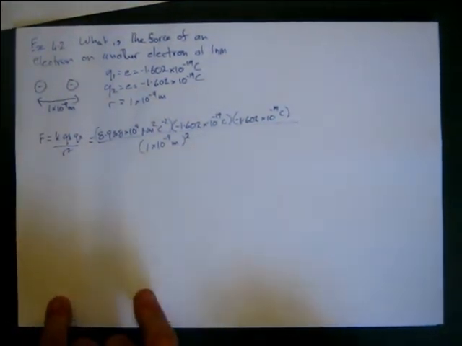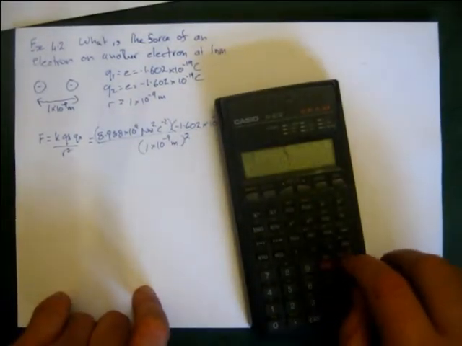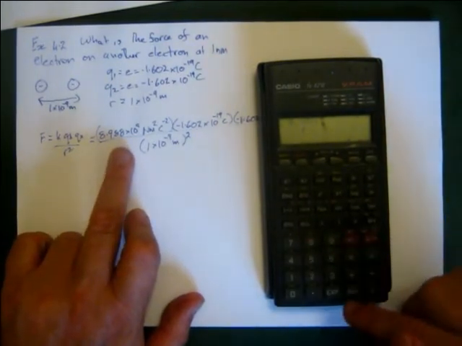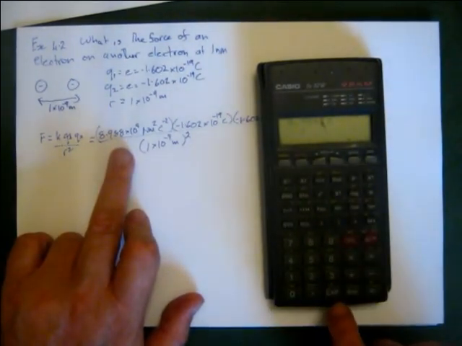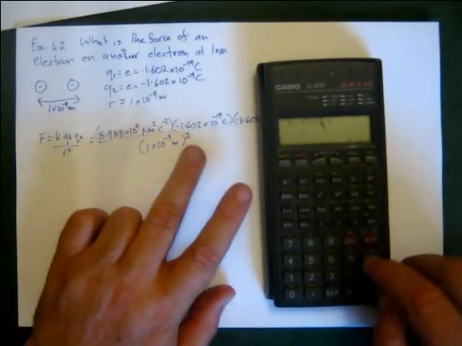Now, at this point we just stick it into a calculator. So we've got 8.988 EXP 9. If you use the EXP key, you don't have to type times 10 to the power of 9. It does it all for you.